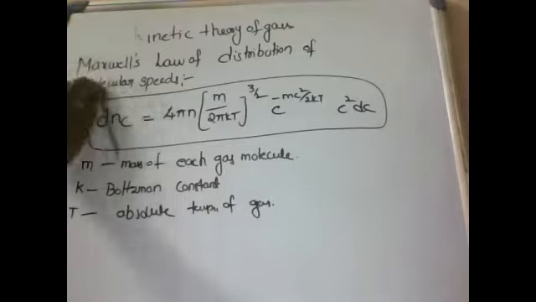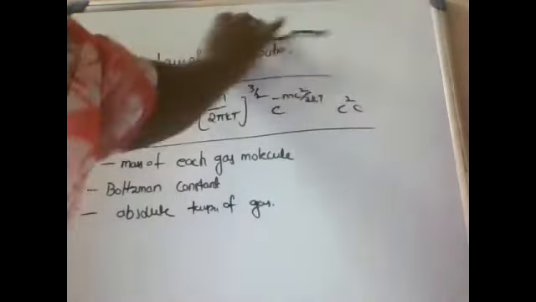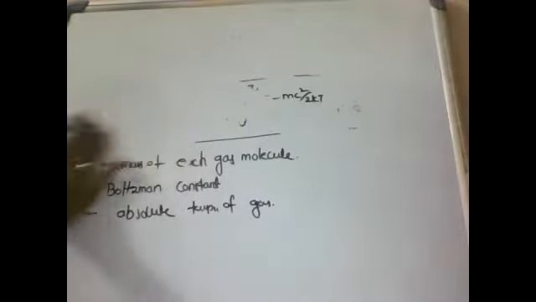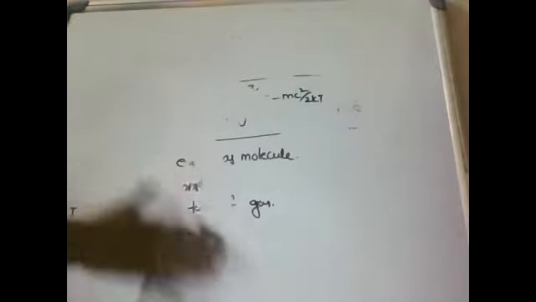Here we have to consider gas in 3 dimensions, gas molecules in 3 dimensions, or 1 gram mole of gas in 3 dimensions. For the derivation of the Maxwell distribution equation, we consider 3 dimensions.